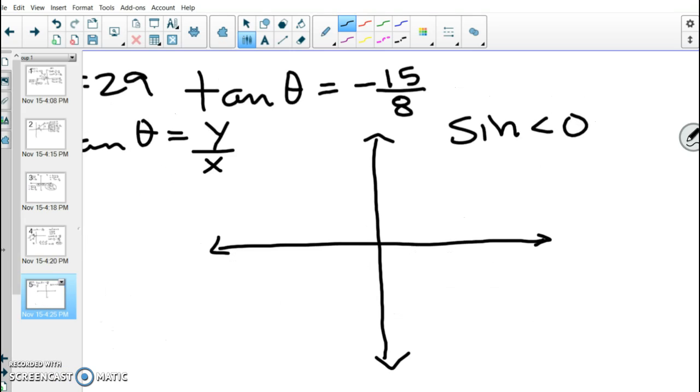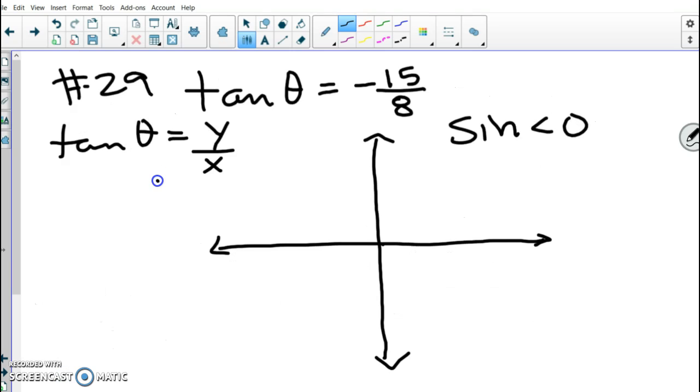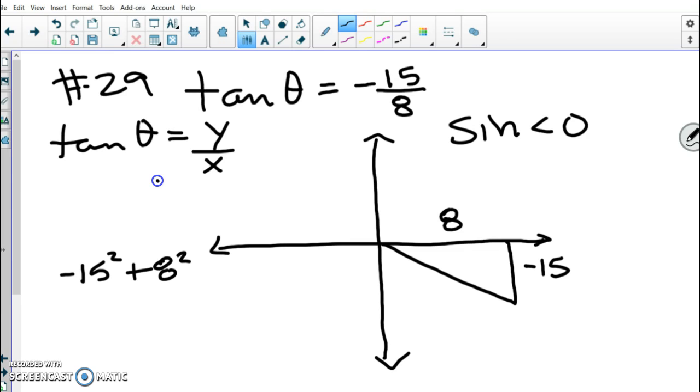We know that the tangent of this angle, draw our reference triangle there, tangent is opposite over adjacent. So we can place those values in. We can also quickly see that negative 15 squared plus 8 squared is 225 plus 64, which is 289.